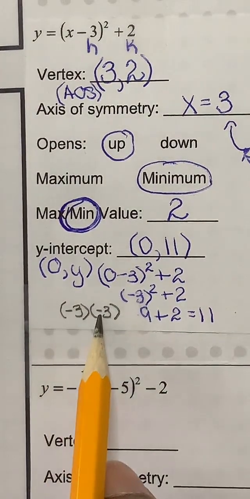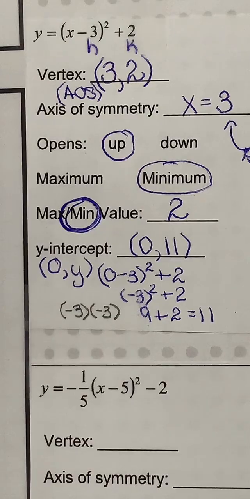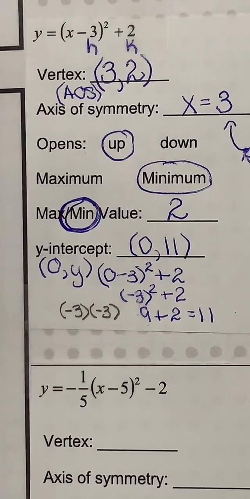And a negative times a negative gives me a positive, and 3 times 3 gives me 9. Okay, you're okay, Soy? Okay, not a problem.